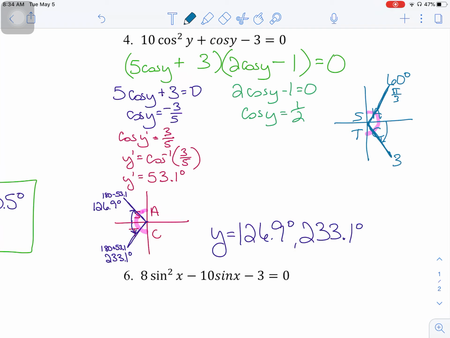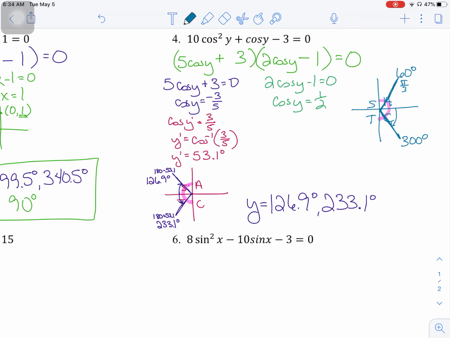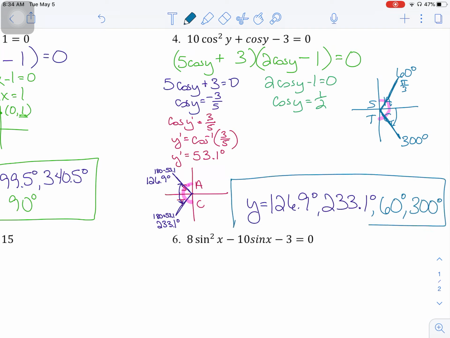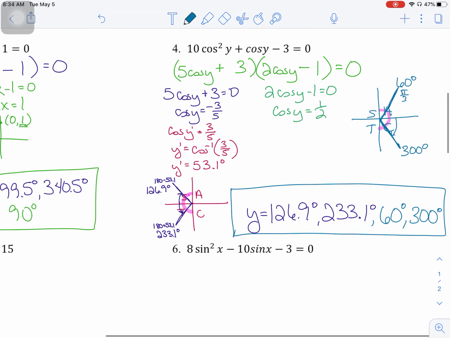So if I take 360 minus 60, I'm going to get 300. Okay? So I'm going to tack those two answers on, 60 degrees and 300 degrees. And those four are the 4 answers that I need to look for question number 4.